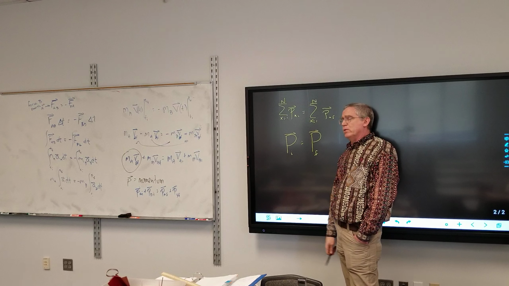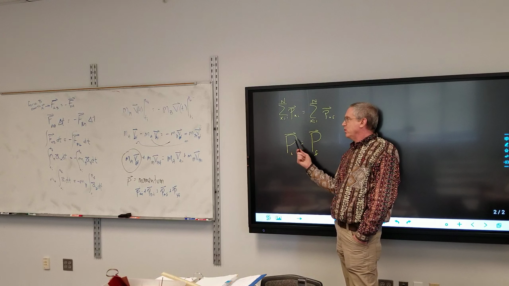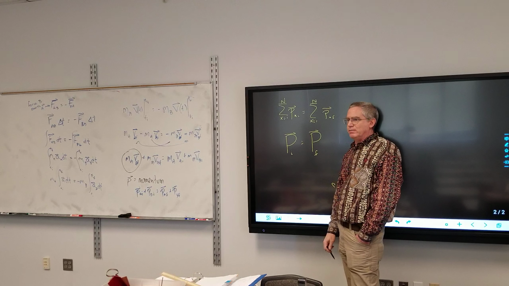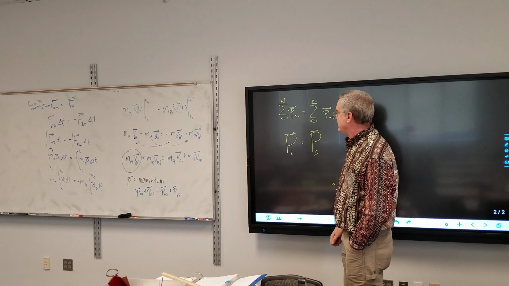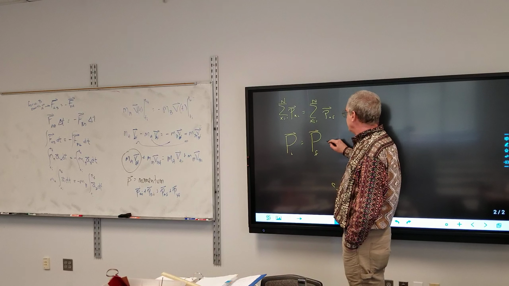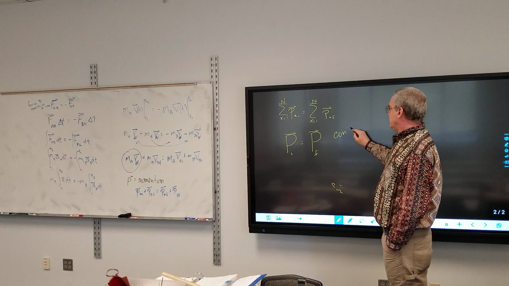My capital P's and lowercase p's differ only in size, so I'm not going to deal with that distinction a whole lot. But this is the mathematical formulation of conservation of momentum.